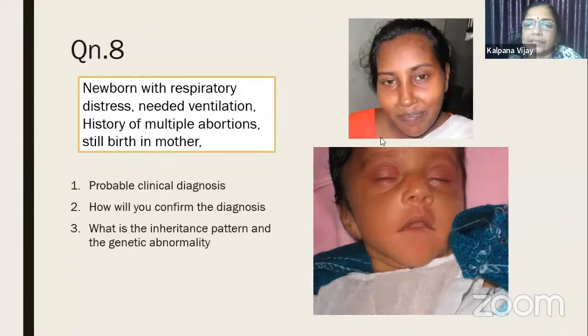And when you are seeing the mother, alopecia is there, as well as the mother also has got a long and narrow facies, and there is some facial weakness also. So this is the characteristic facies of an adult with a myotonic dystrophy. And how will you confirm the diagnosis?